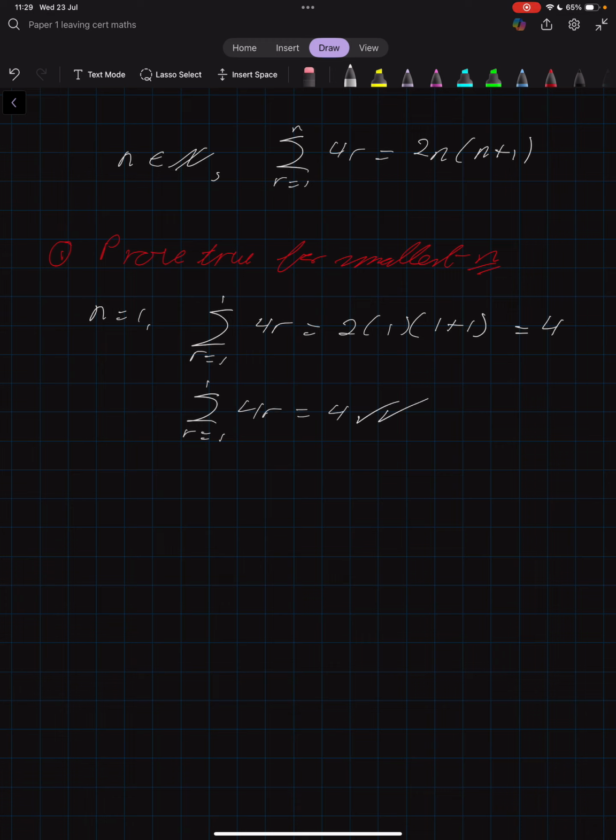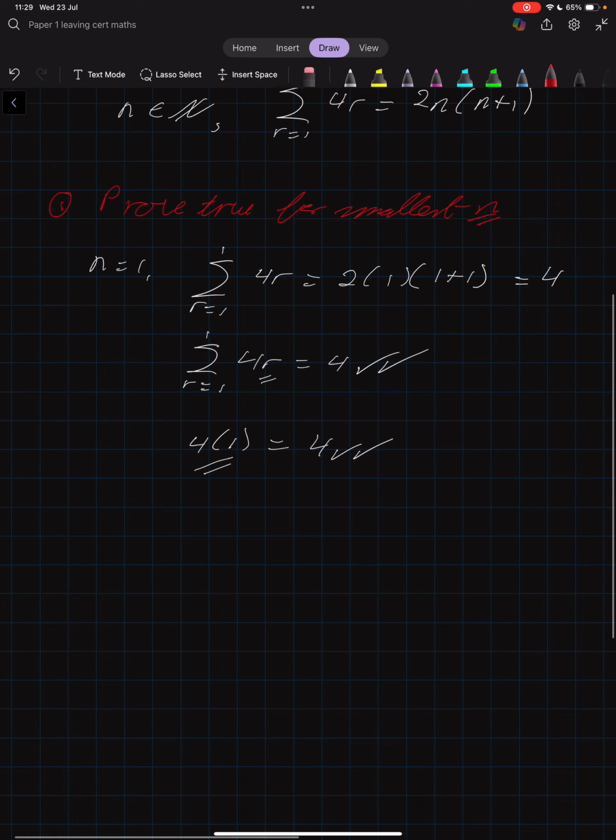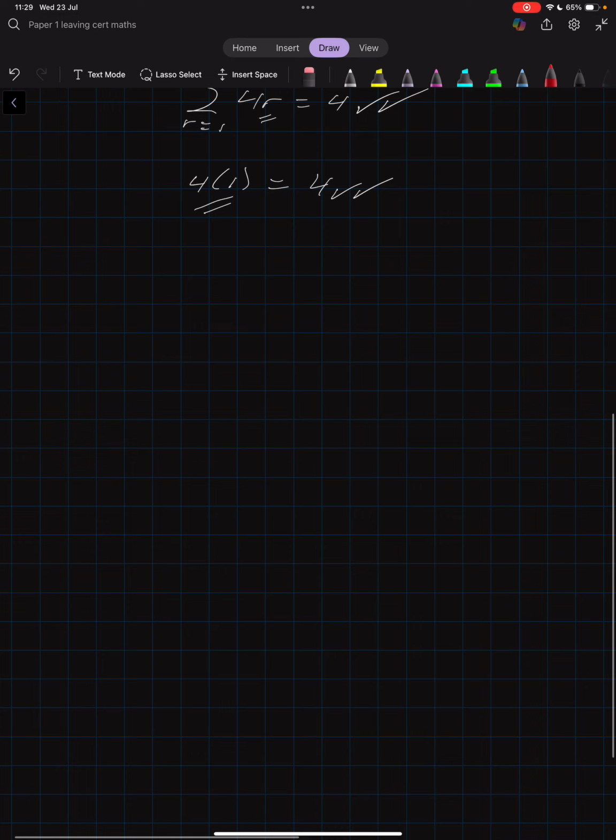Yes, it is. The sum from r equals 1 to 1 of 4r is just 4 times 1, and that's it. So you just plug in 1 for r and you get this, and that is indeed equal to 4. So this is true. So I've shown that it's true for the smallest possible number you can plug in, which in this case is 1. Okay? So that's the very first step.